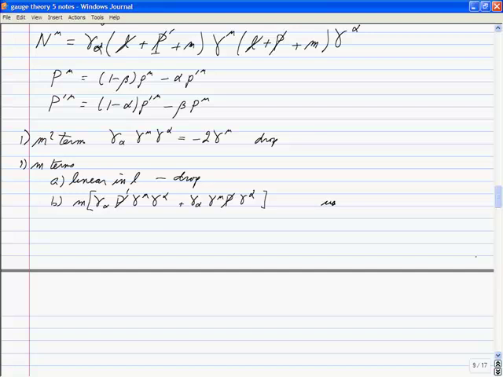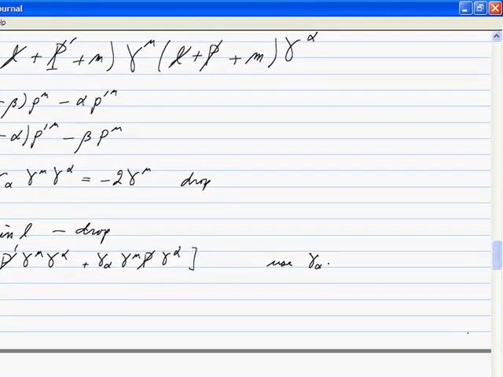We're going to use gamma alpha a slash b slash gamma alpha is 4 a dot b, one of these tricks. So this turns into, there's the 4 from the trick, becomes p prime mu plus p mu. Plug in what those are.